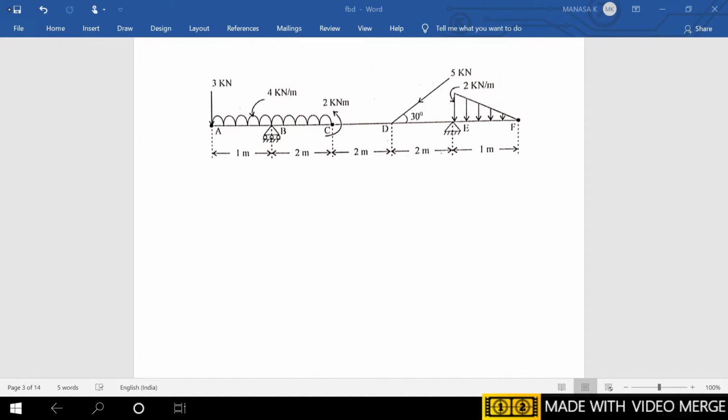So once you have all the variables, drop the verticals from the variables like this and draw the beam, that is AF.